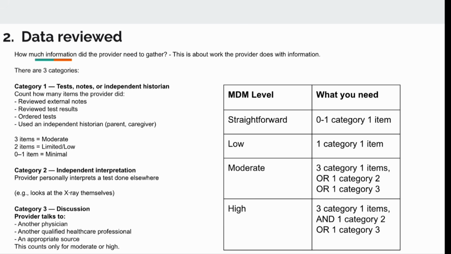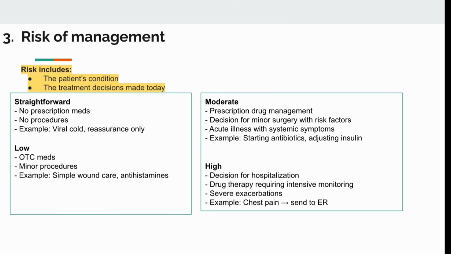Okay. Next, let us see how to determine the level of MDM for risk of management. So, risk includes the patient's condition and the treatment decisions made today. If the risk of management has to be straightforward, there should be no prescription medications, no procedures. If the risk of management has to be low, there should be OTC medication and minor procedures.